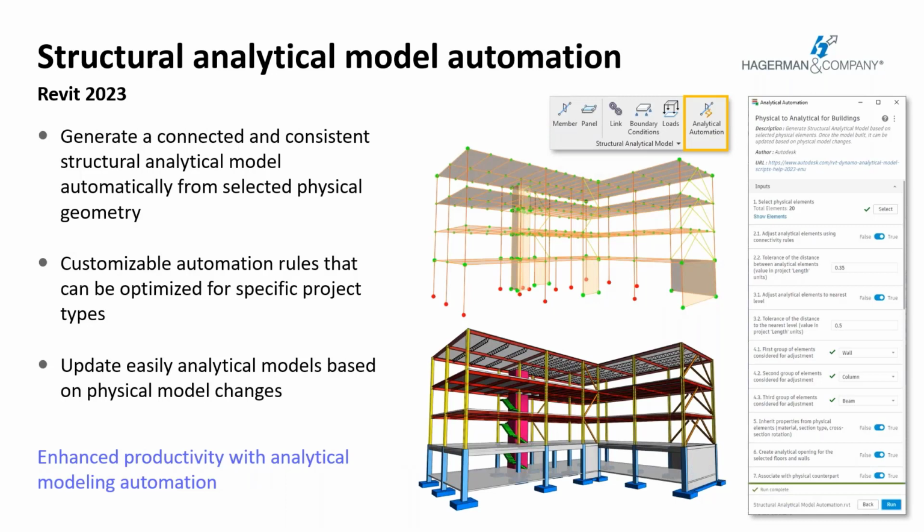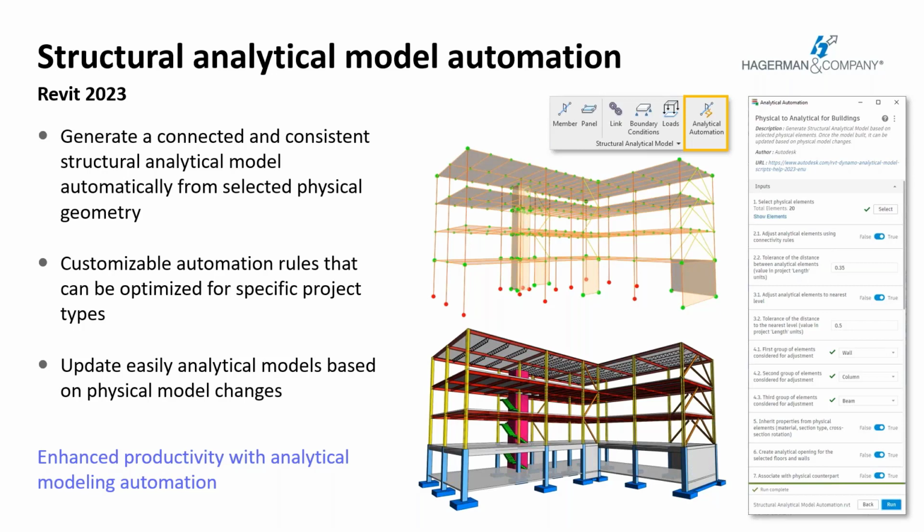Furthermore, Revit 23 also introduces structural analytical model automation. This tool enables you to generate a structural analytical model automatically from selected physical geometry, and it offers many options for customization. This tool also ensures that the automatically created model remains consistent and connected, eliminating the need for tedious corrections.